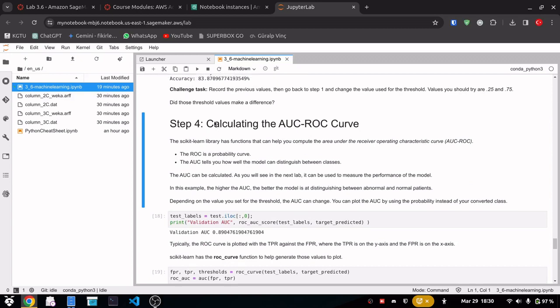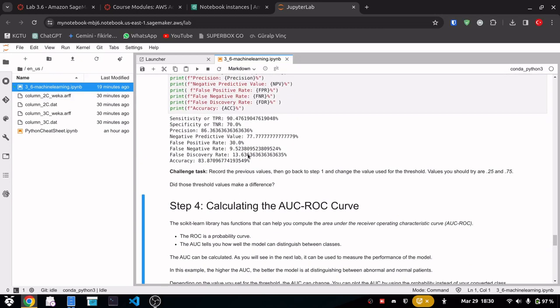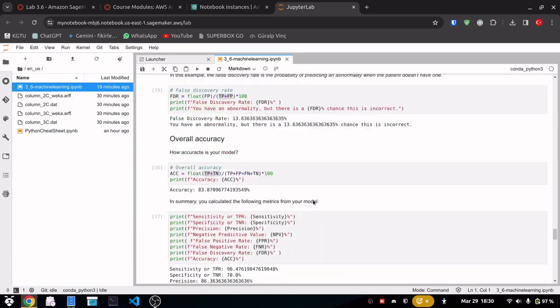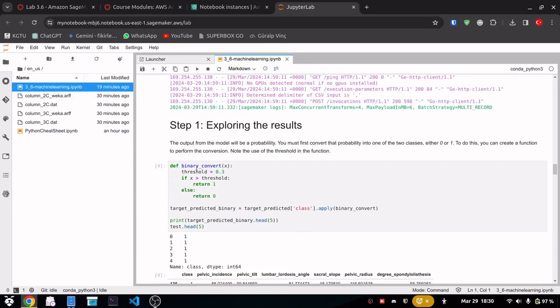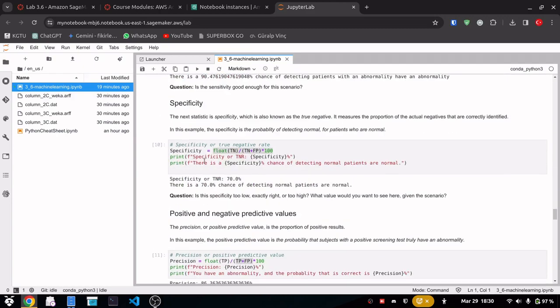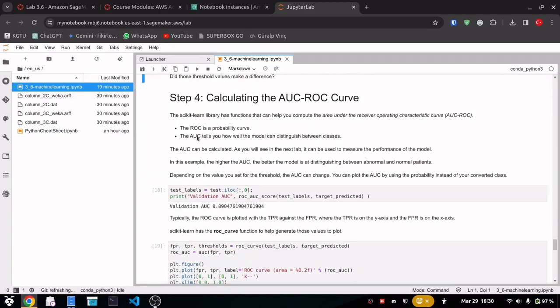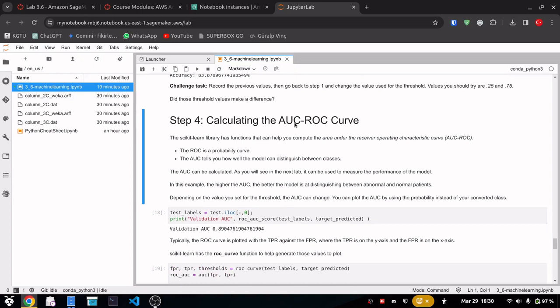Our model is predicting the same results, but the binary classification function, let me show it here, the binary conversion changes our results since we are converting the floating point numbers into a binary labeling. So yeah, that's it.